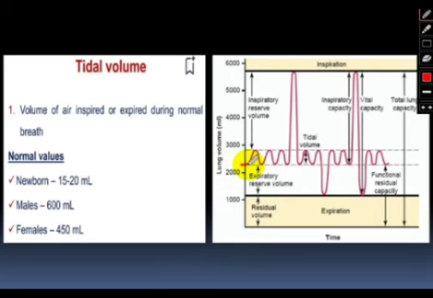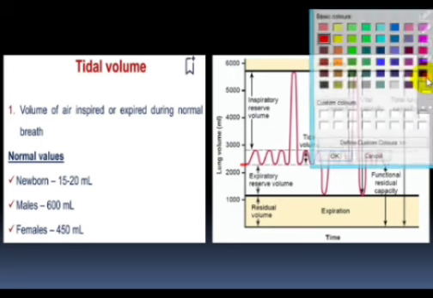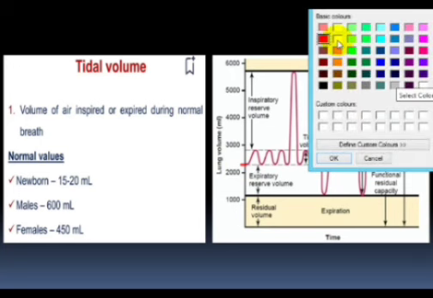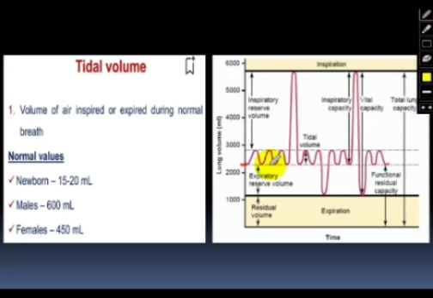When you are breathing normally using a spirometer, you will see the recording on the screen.